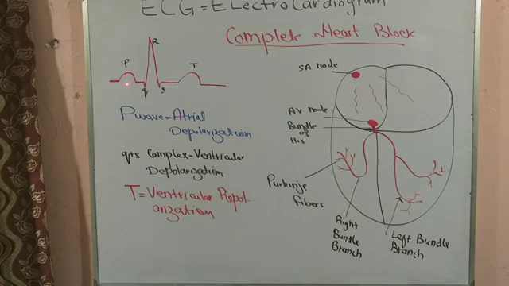So in normal sinus rhythm, P is followed by QRS complexes, but in case of complete heart block, there will be a complete dissociation between the P and the QRS complexes. So atria and the ventricle will be divorced. The P will no longer be married with the QRS complexes. This is an important message.